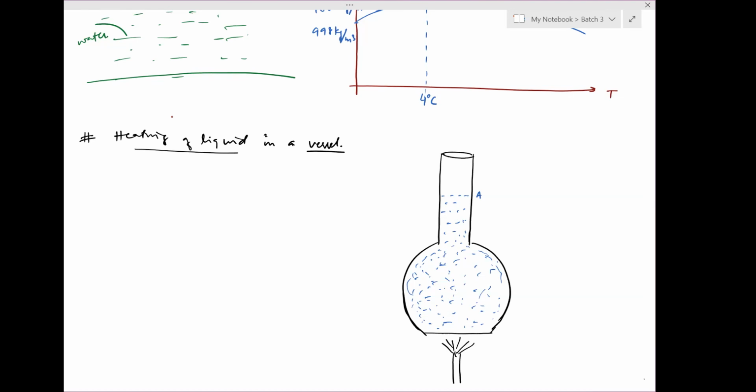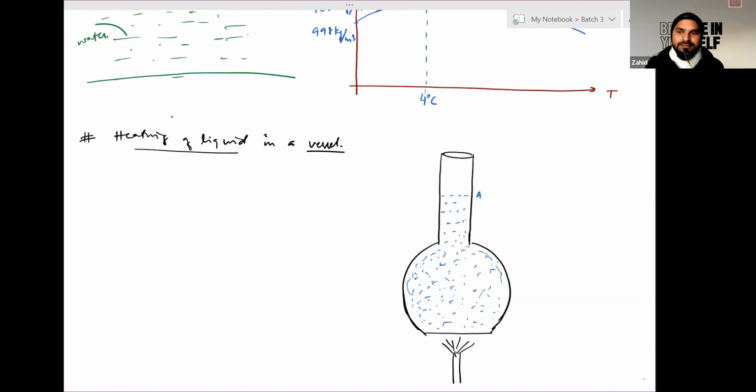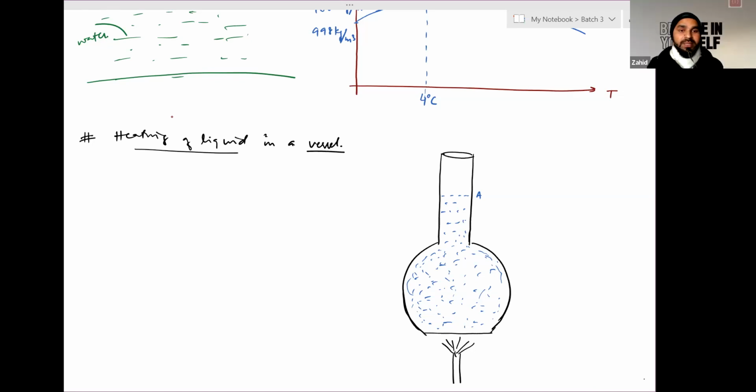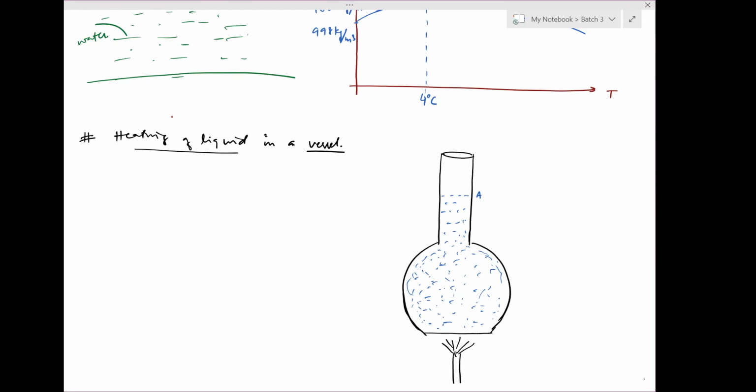Decrease. Okay, why? Because it will evaporate. I've told you, before evaporation of this liquid, initial heating. It will remain same. We are still heating it, so due to heating, it may expand. So will the level of liquid increase or decrease? Increase. Okay.